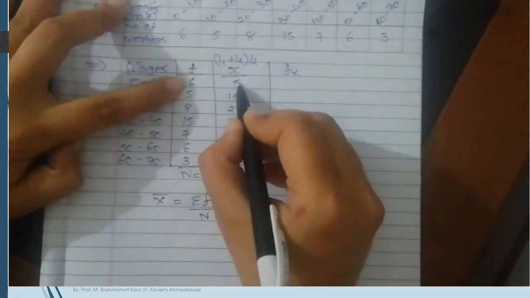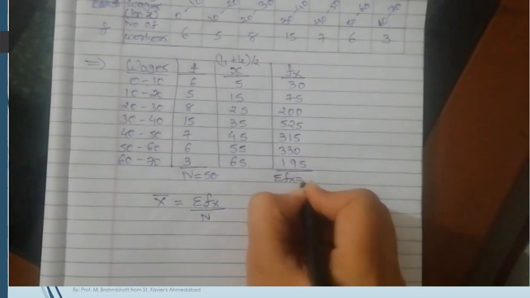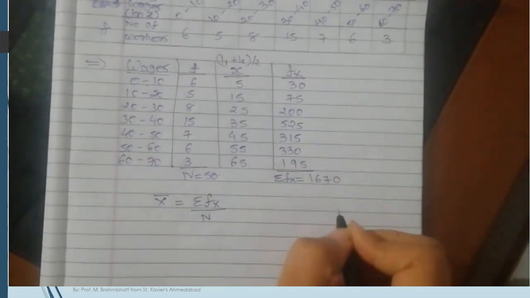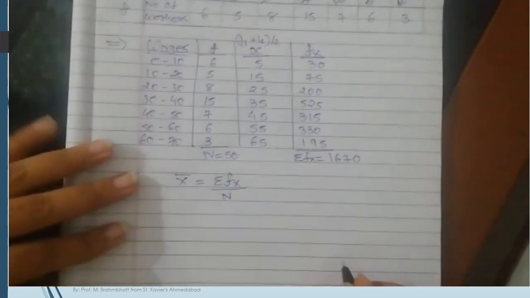The first is 6 into 5 is 30, 75, 200, 525, 315, 330, 195. Sigma fx equals 1670.